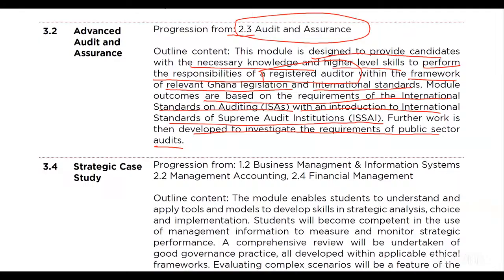Please show me by hand. You said how many people have passed it? No, are writing, not pass. Oh, okay. If you know you are writing advanced audit and assurance, just put up your hand.